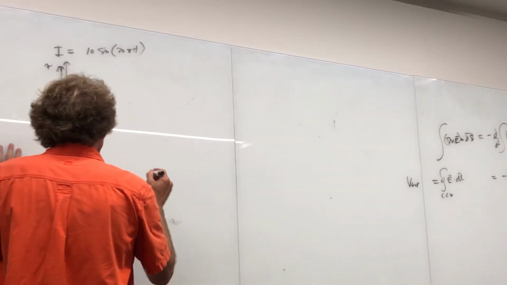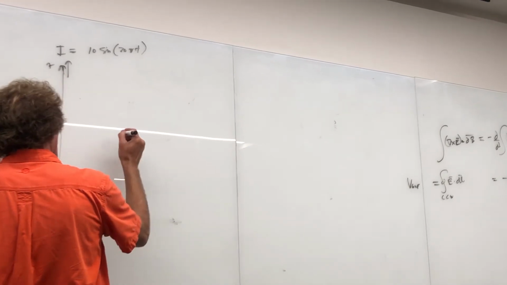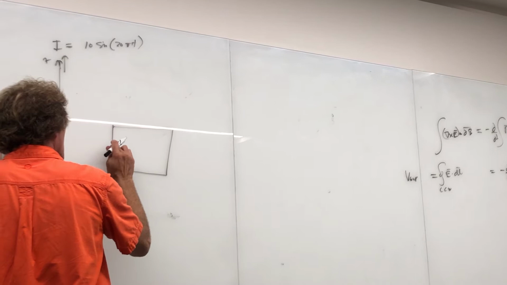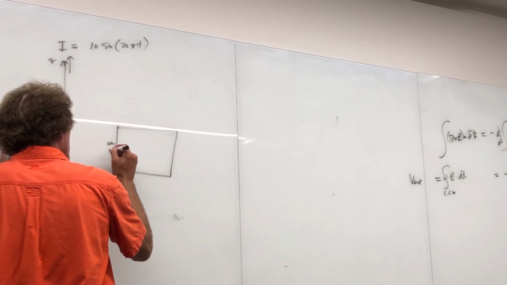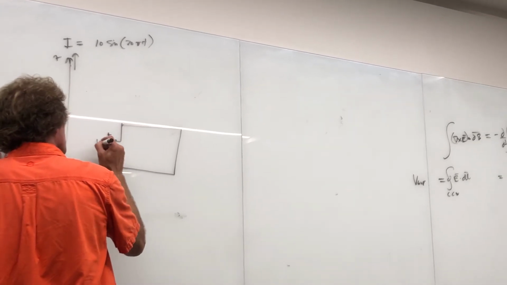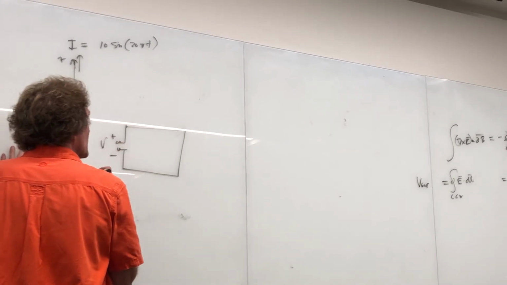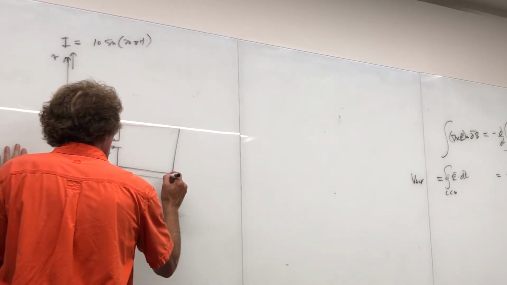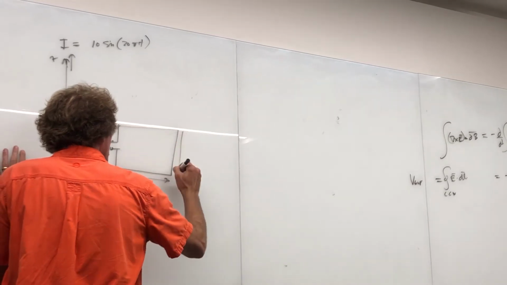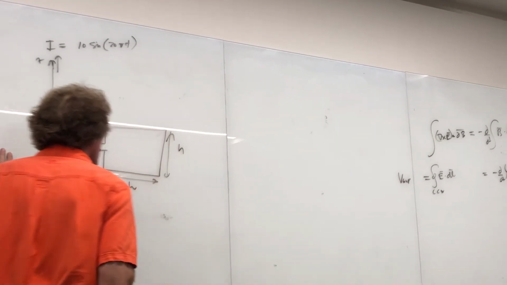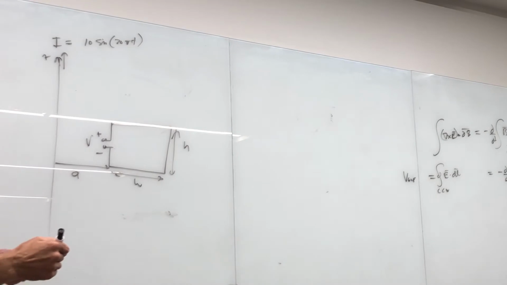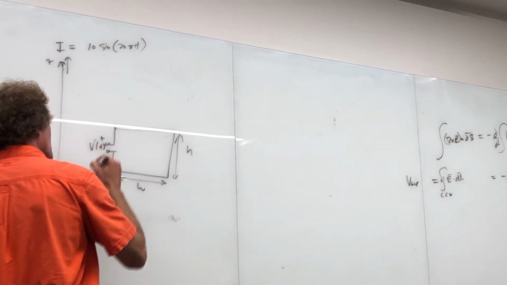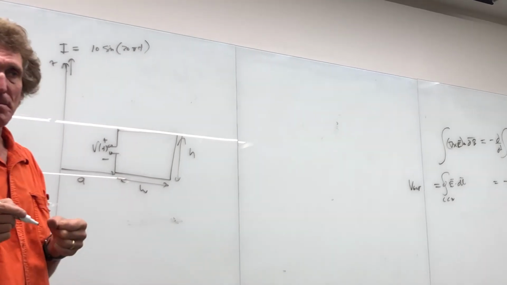And then I have a loop, like so, with a little gap here, and I want the voltage plus and minus there. That's what I'm looking for. Say this is dimension A, with width and height. So I want to figure out what that voltage V is right there, as a function of time, where the top part is positive, all right?